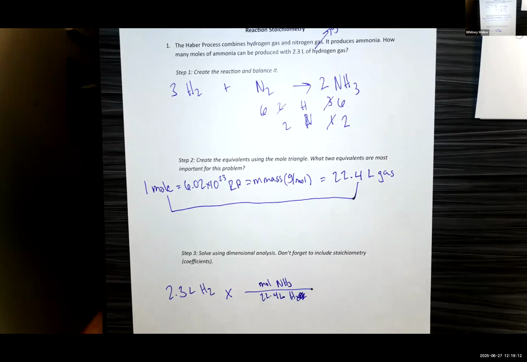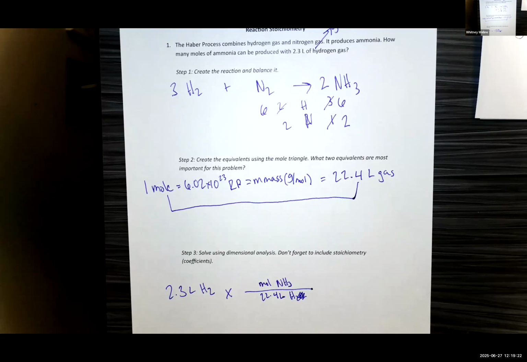Sorry, I wrote H2 on top out of habit. But this is where stoichiometry comes into play. If you look at the balanced reaction, the coefficients have to be involved when we do the stoichiometry. It has to be. I can't just leave it as this.